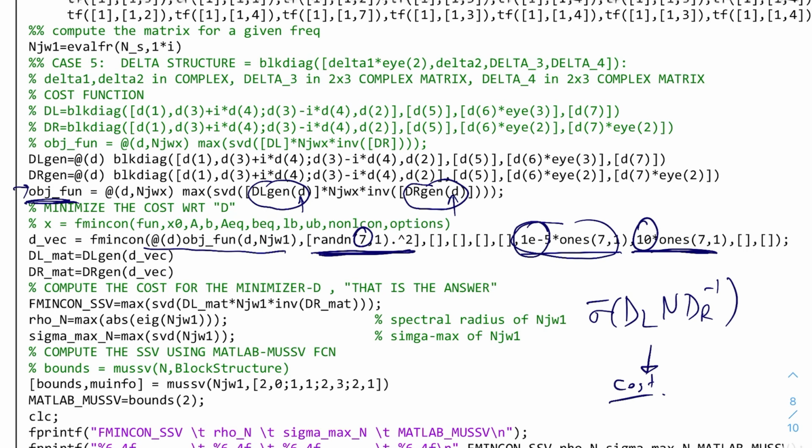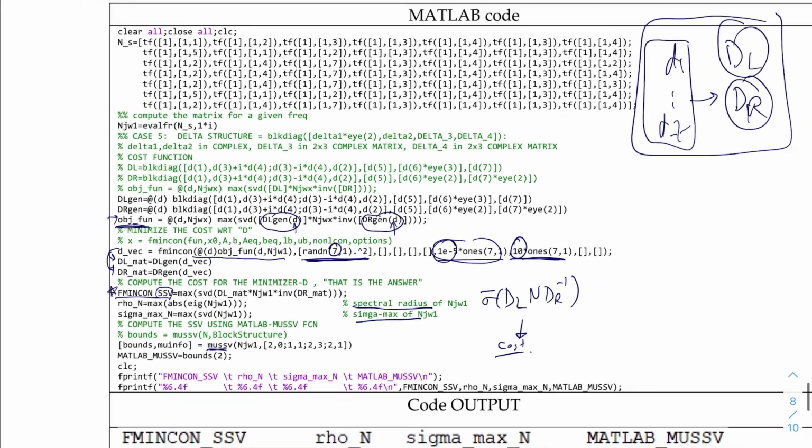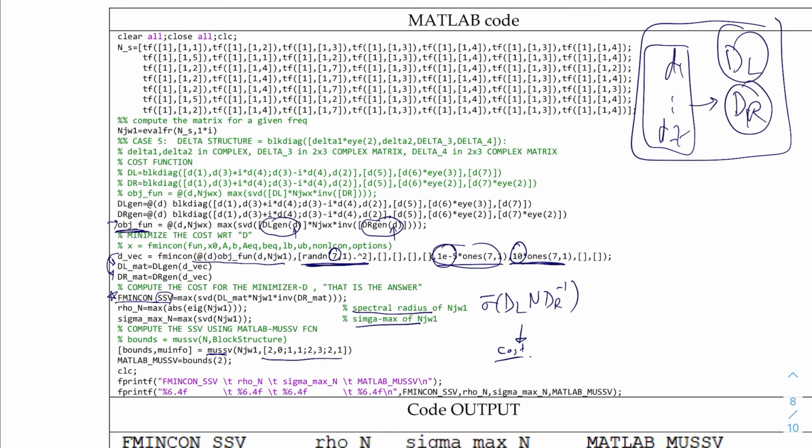After d vec, get the dl and dr matrices, and then compute fmin SSV. This is the SSV that we computed by using the FMINCON function, and then spectral radius, and then sigma max, right?